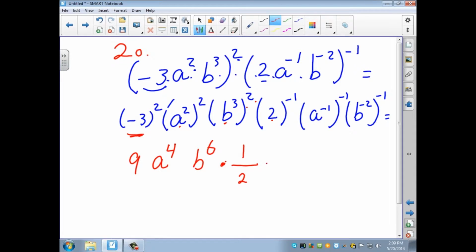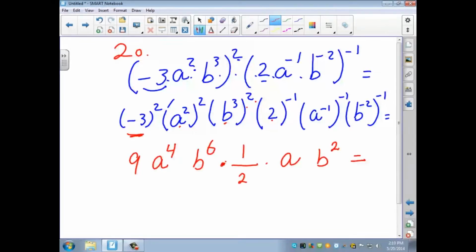Then a to the minus 1 to the minus 1: minus 1 times minus 1 is 1, so it would be a. And b to the minus 2 times minus 1 is b to the 2.